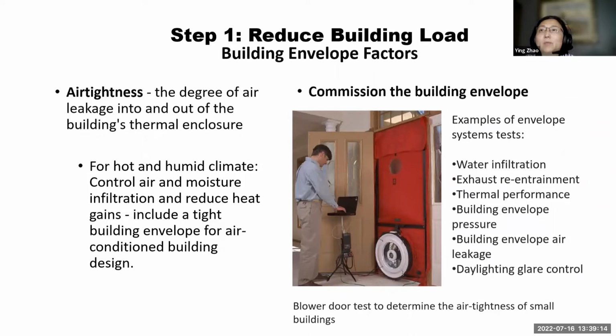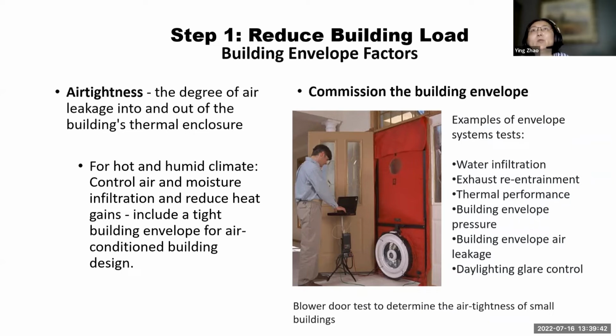Another parameter to consider for the envelope is air tightness. Air tightness is the degree of air leakage into and out of the building's thermal enclosure. That is important for cold climates.